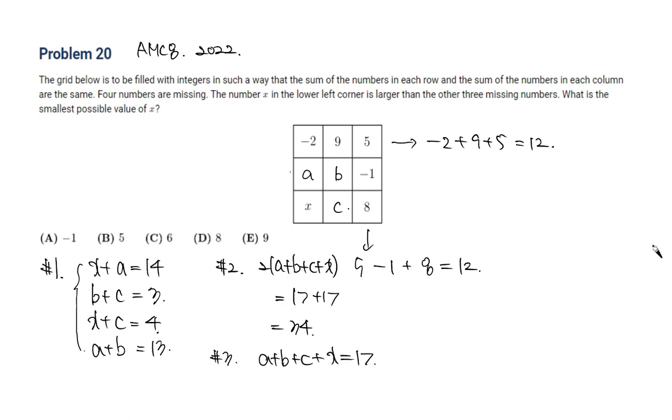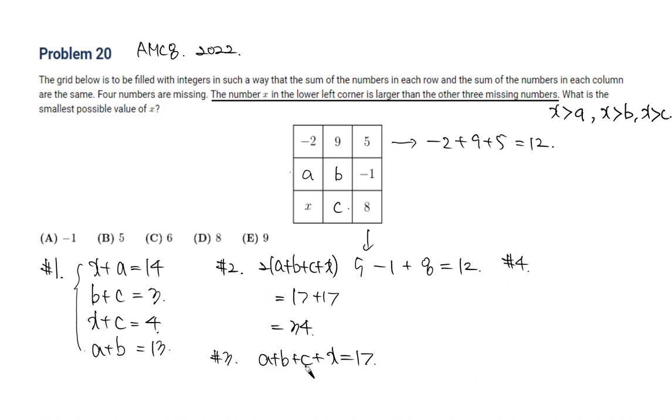Is that correct? Right. And it says the x in the lower left corner is larger than the other 3 missing numbers. So we need to find the smallest possible value of x. Let's underline this particular sentence. It says x has to be greater than a, greater than b, and greater than c.